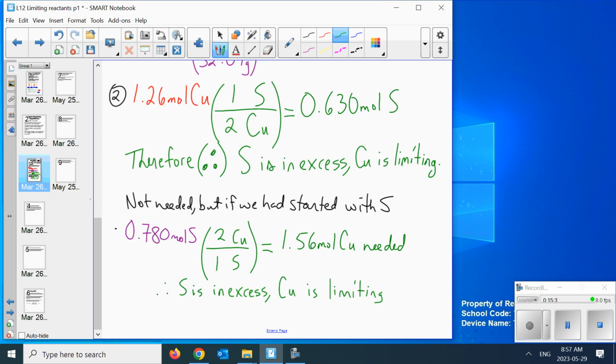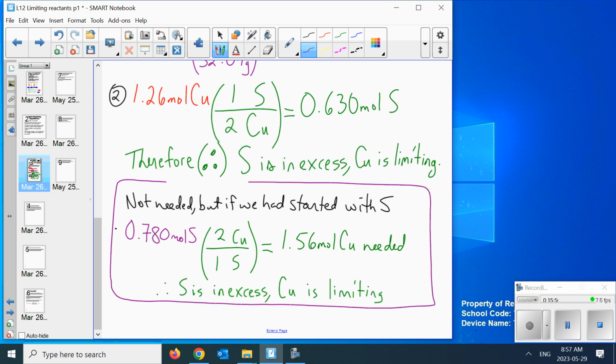I'm just showing how it would work. I'll just box that off a little bit. Like I said, not needed, but if it's started. Okay. We know it's limited. It's copper. Continuing on.